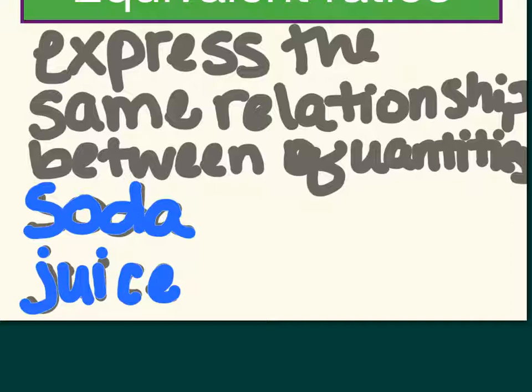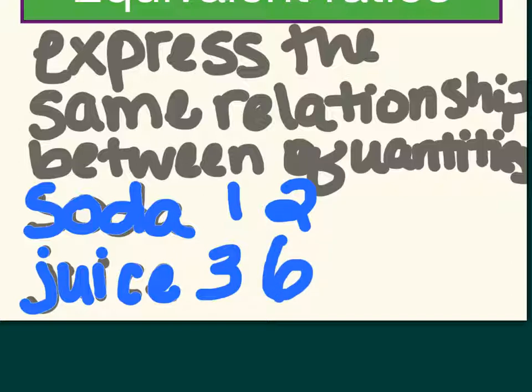Okay, and so let's say I started out with 1 can of soda and 3 cups of juice. Equivalent ratio would mean that I'm going to multiply the same thing to my soda as I am to my juice. So if I had 2 cans of soda, how many cups of juice would I have? Now if you said I had 6 cups of juice, you are correct.